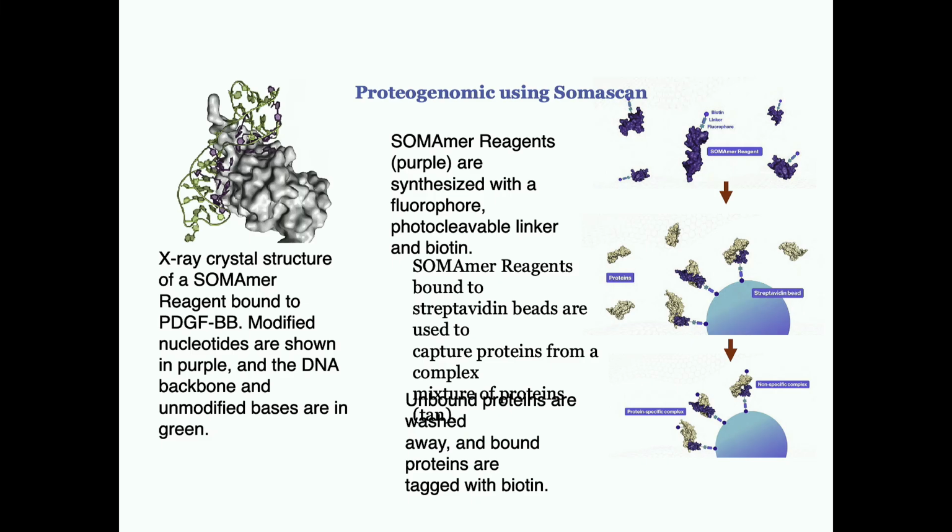Now what you do is you immobilize these biotinylated aptamers on streptavidin beads. Then you add your mixture of proteins. If it is urine or plasma, whatever it is, you don't have to isolate protein. You can add the real material like plasma or urine or cell lysate.